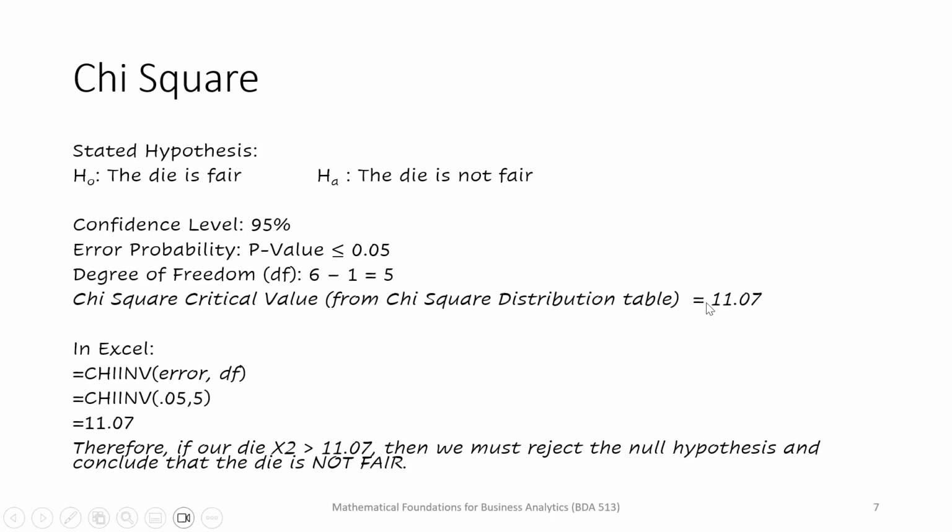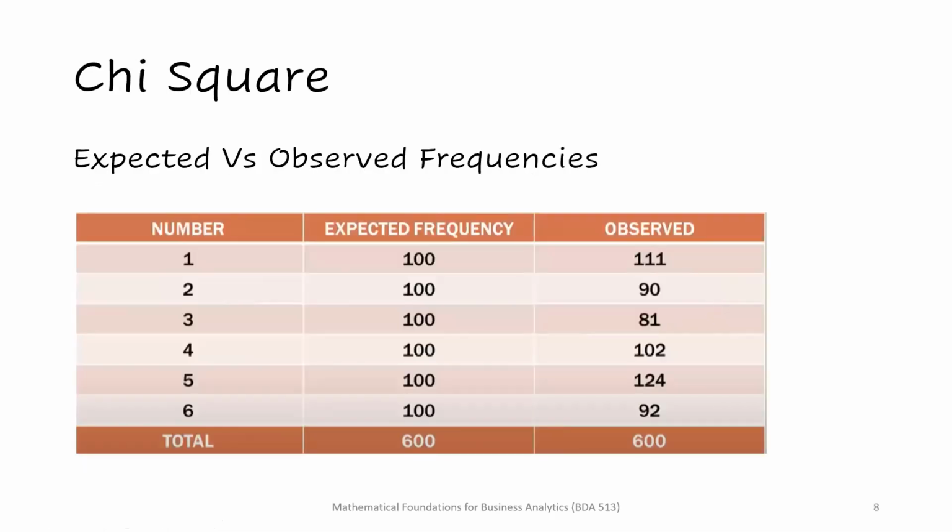All right, so let's see. Our expected frequency was 100 for each number. We were talking in theoretical terms that if the die is fair, 1 to 6, and you throw it 600 times, then each number will have 100.